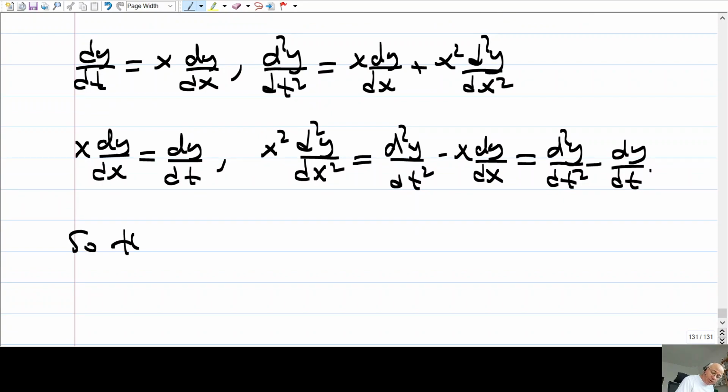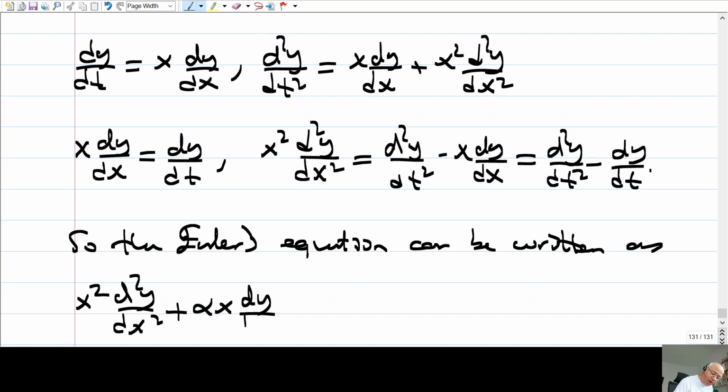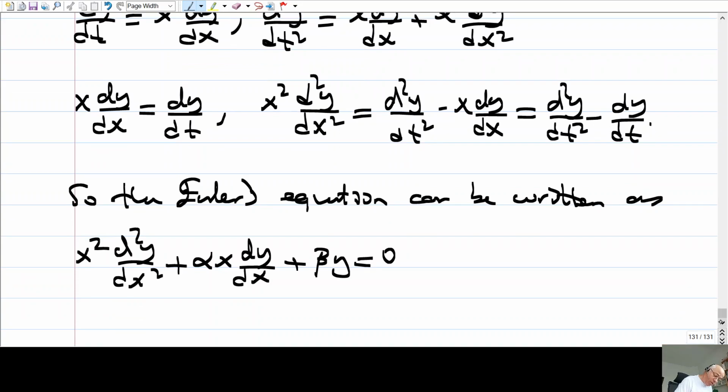Well, that is just d squared y dt squared minus dy dt. So Euler's equation can be written then as, what was the equation? It was x squared d squared y dx squared plus alpha x dy dx plus beta y equals 0.